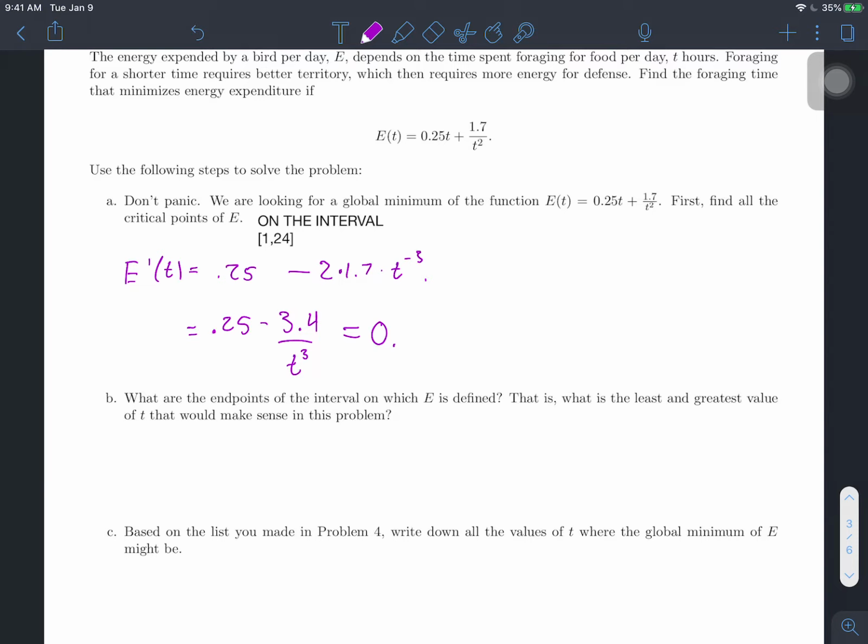Okay, so we're just going to solve it algebraically. We'll move the 0.25 over. We'll wind up with 0.25 t cubed equals 3.4. Divide by 0.25, that's the same as multiplying by 4. Glad I brought my calculator today. 3.4 times 4, 13.6.